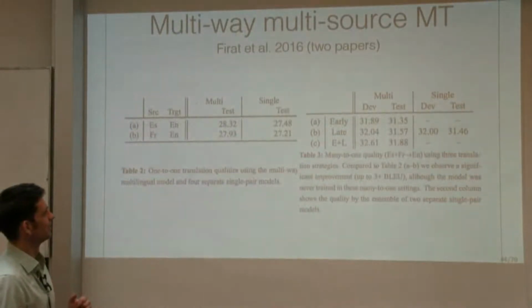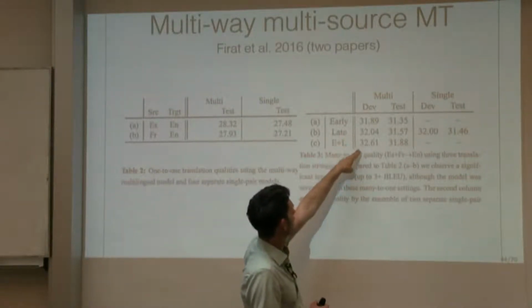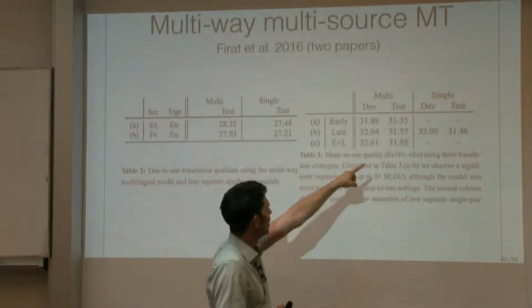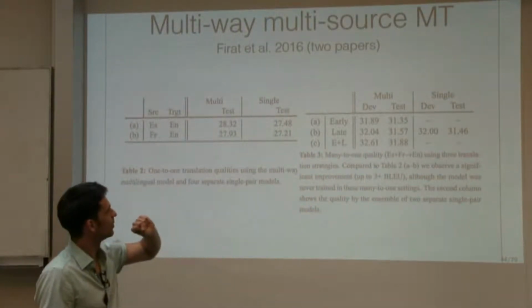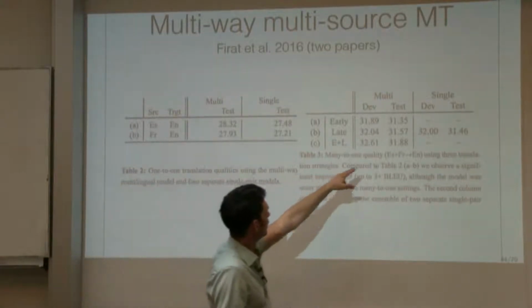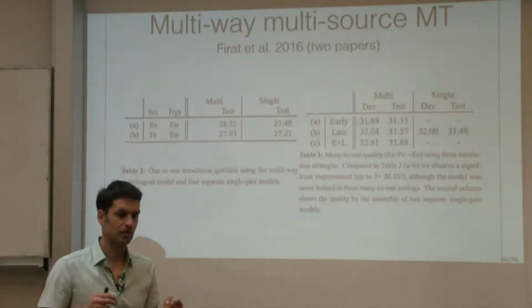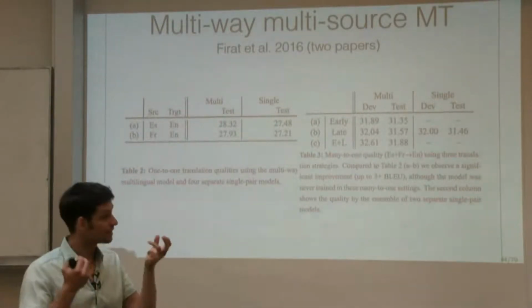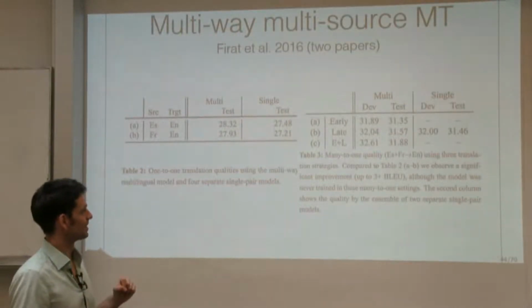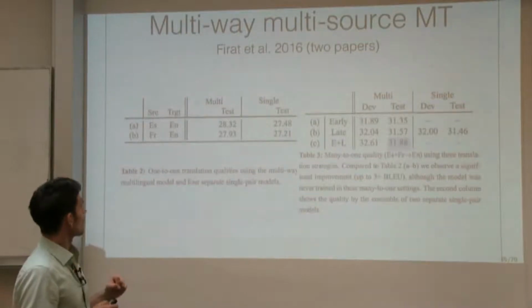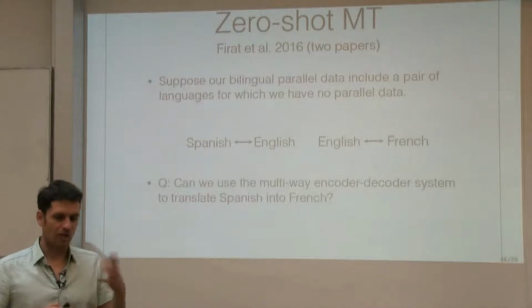And the short message is that the early averaging and late averaging, each of them helps. Well, early averaging alone is worse than the baseline, but the late averaging is a little bit better, and the combination of using both, of using the information from the source languages at the same time, is the best setup.